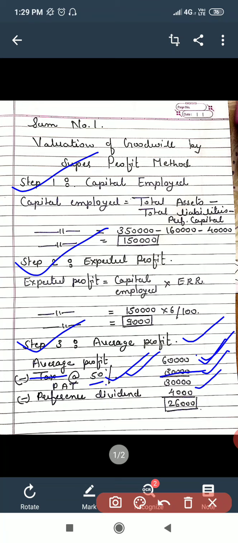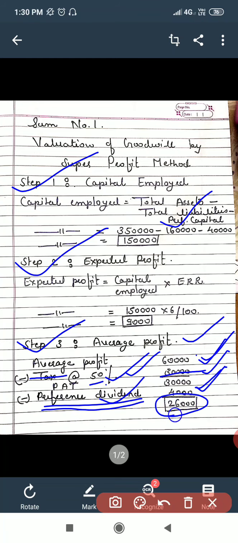And from this, if you are making the repayment of the preference capital, it is our other responsibility to make the payment of the preference dividend. How much money is to be paid in the form of preference dividend? It is rupees 4,000, that is 10% of the preference share capital of rupees 40,000. That is why I am deducting 4,000 as the preference dividend.